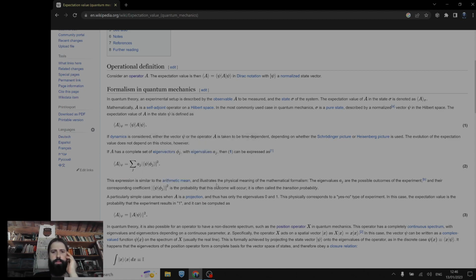So it illustrates the physical meaning of the mathematical formalism. The eigenvalues are possible outcomes of the experiment, and their corresponding coefficient is the probability that this outcome will occur. It is often called the transition probability. A particular simple case arises when A is a projection.